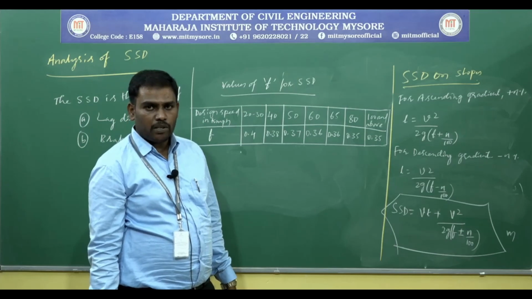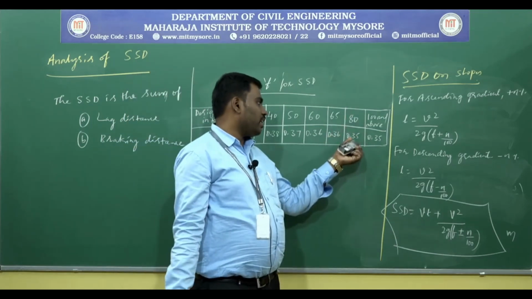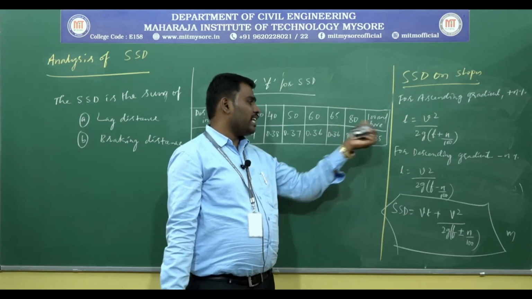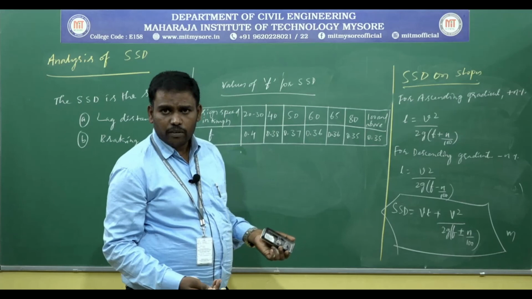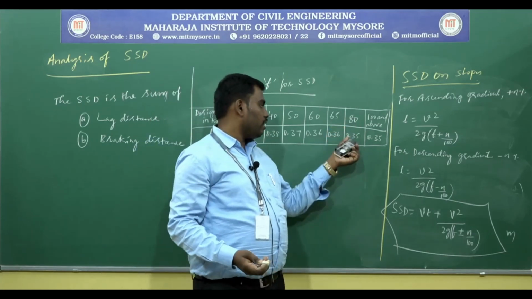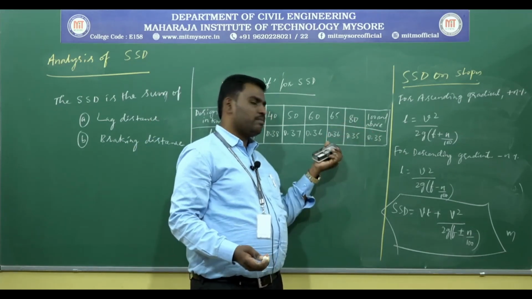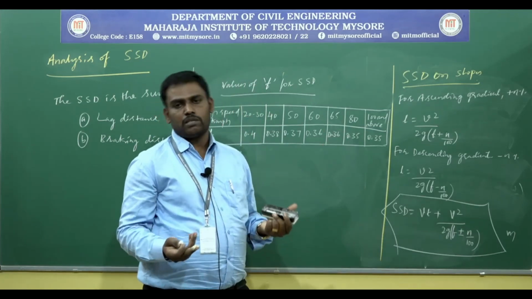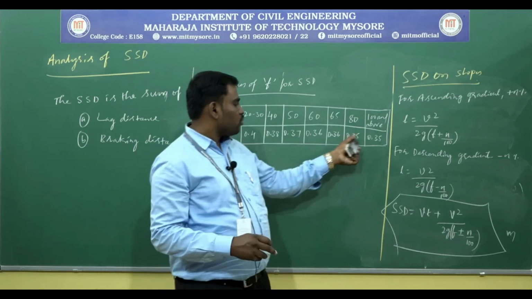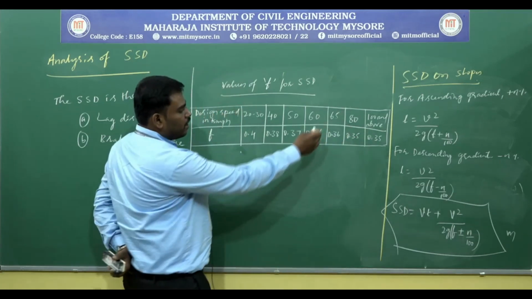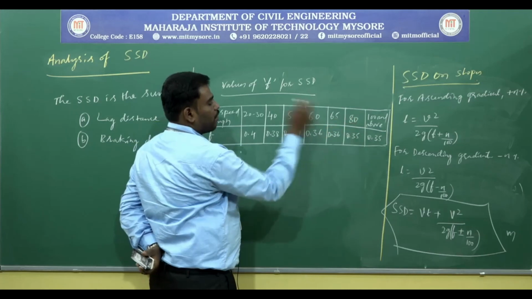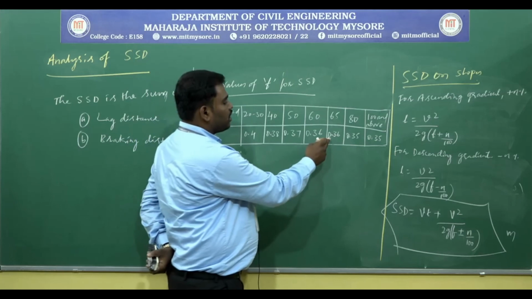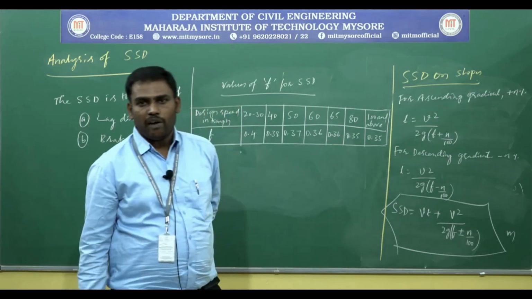For 80 it is 0.35, and for 100 and above it is 0.35, so any value in between will also be 0.35. For 90 it is 0.35 only, and for 85 also 0.35, because it is one and the same. But here it varies: at 65 it is 0.36 and at 80 it is 0.35. If the design speed is about 70 or 75, it varies between 0.36 and 0.35.